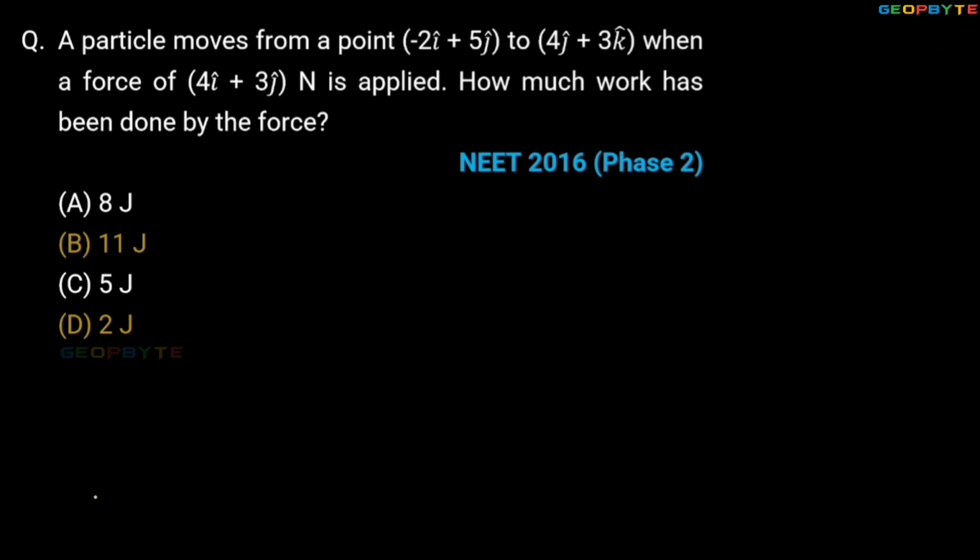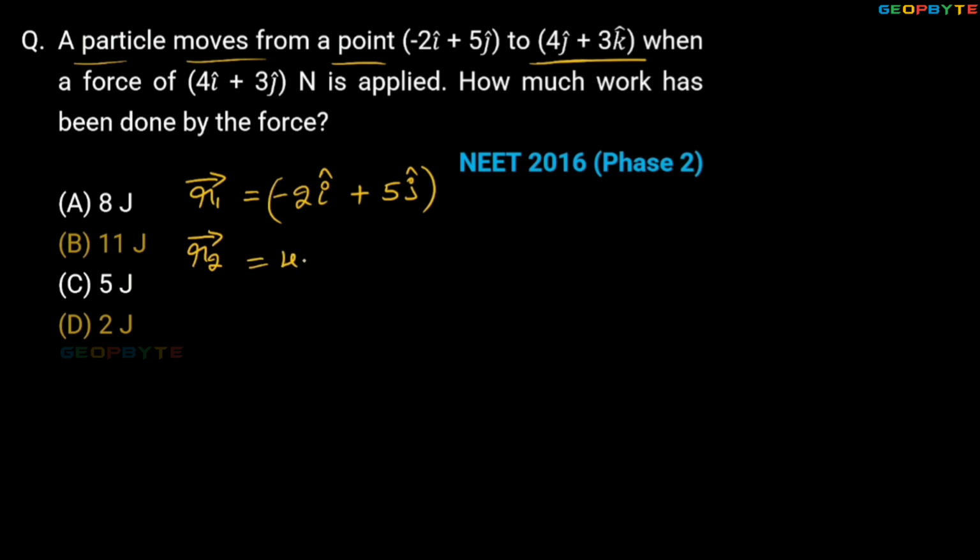It is asking like this. A particle moves from a point R1 bar equal to minus 2 i cap plus 5 j cap, and is moved to R2 bar equal to 4 j cap plus 3 k cap.